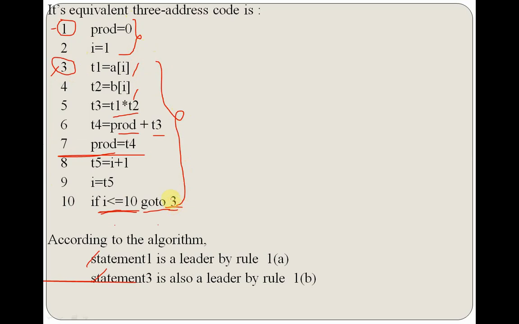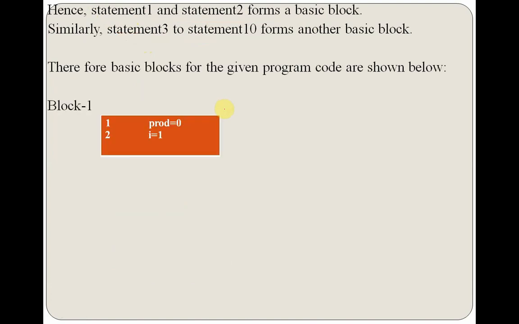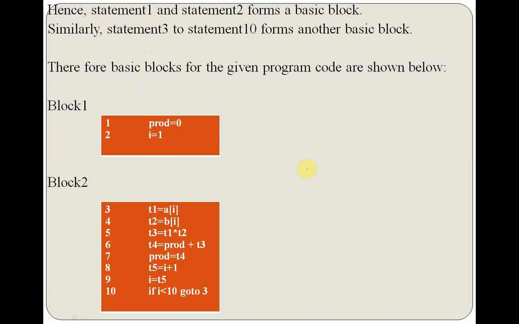So two basic blocks are defined. Hence statements 1 and 2 form a basic block. Similarly, statement 3 to statement 10 forms another basic block. Therefore the basic blocks for the given program are shown below: block 1 is this one and block 2 is this one.